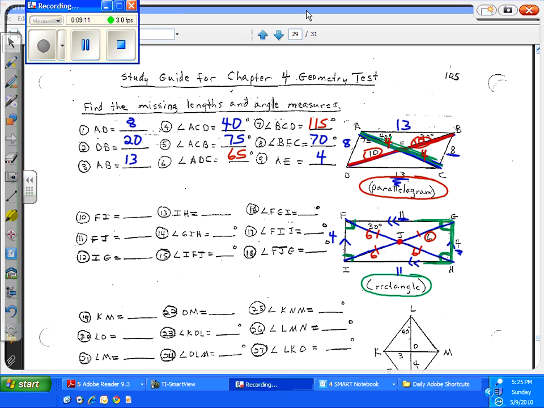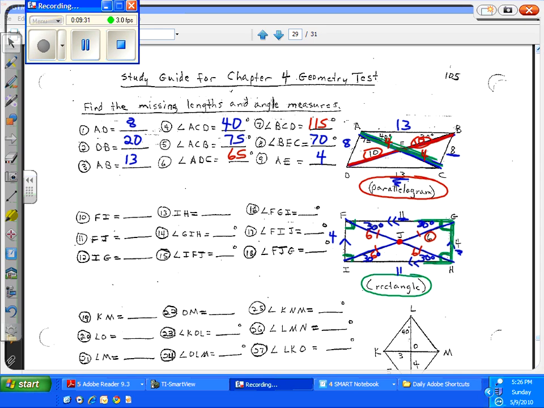And if those are isosceles triangles, then we can say that this angle is the same as this one over here. Base angles of an isosceles triangle are equal, or angles opposite equal sides are equal. Now this one's 30 because this one to the upper left is 30, alternate interior angles are equal.